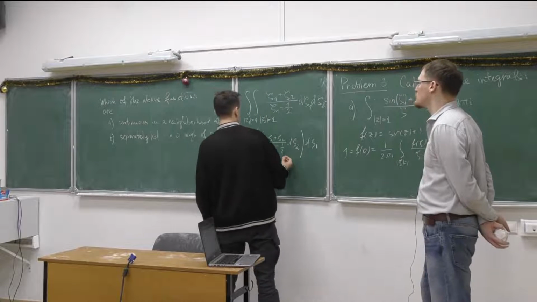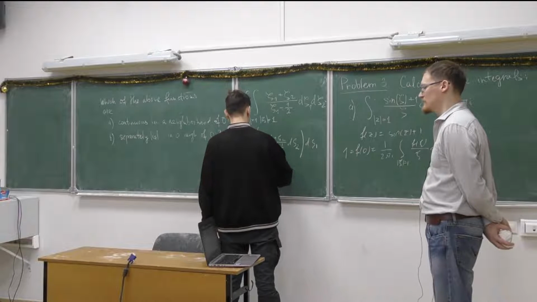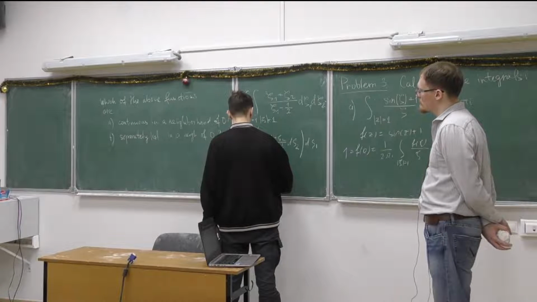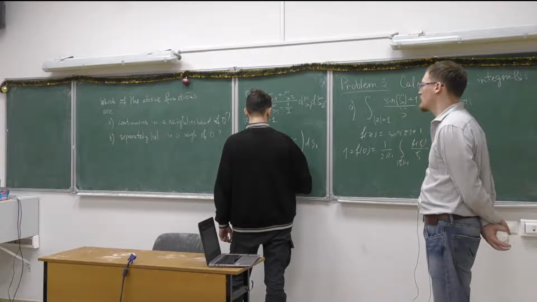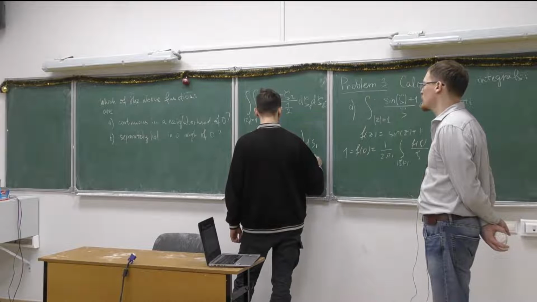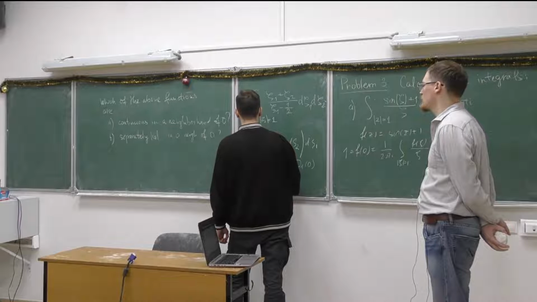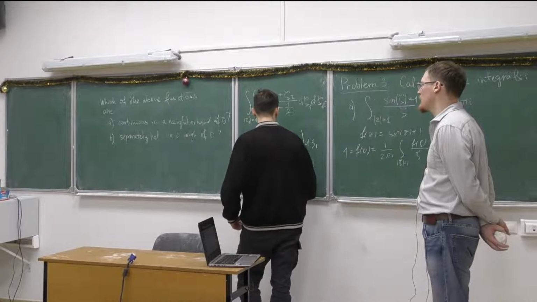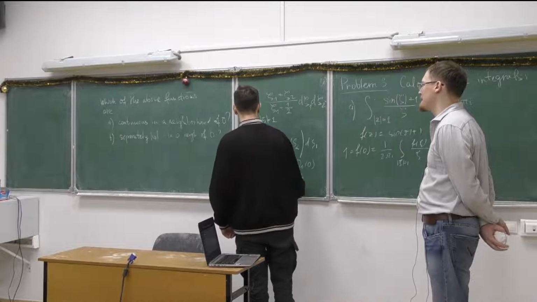And well, this whole thing is holomorphic, in our notation d1 of 0. Holomorphic in which variable? In z2. Right. Provided that z1 is different from one half.